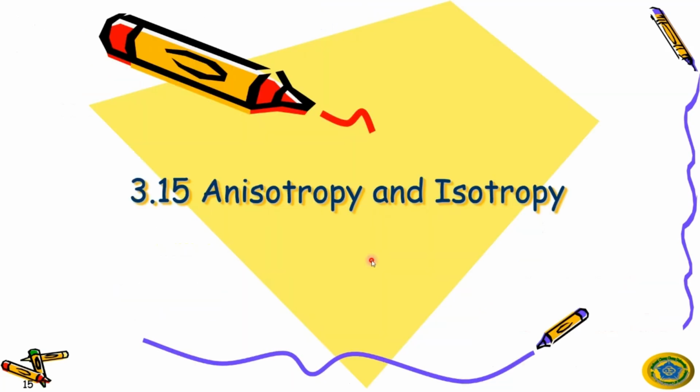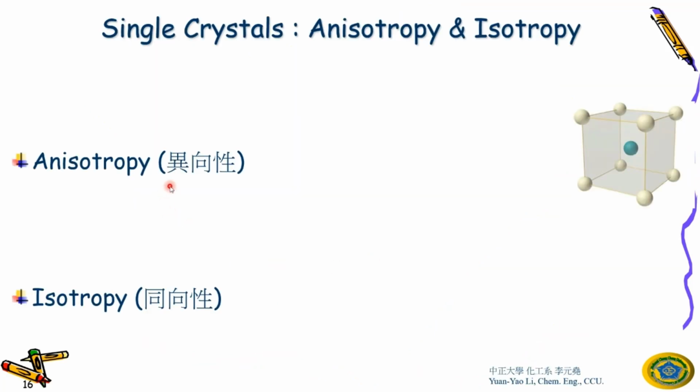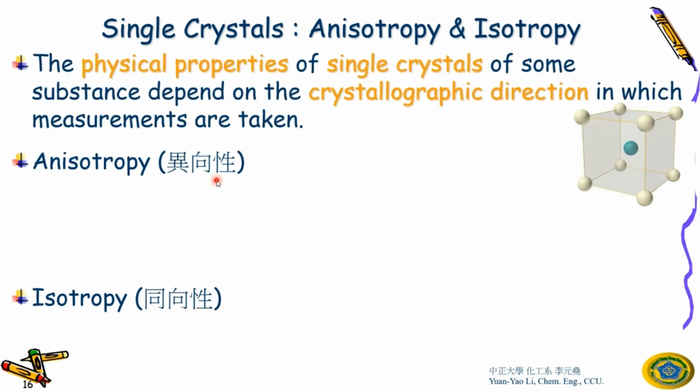Section 3.15 is anisotropic and isotropic. Anisotropic in Mandarin Chinese is 意向性, and isotropic is 同向性. Anisotropic means that if you go in different directions, you have different properties. The physical properties of a single crystal of some substance depend on the crystallographic direction in which the measurements are taken.